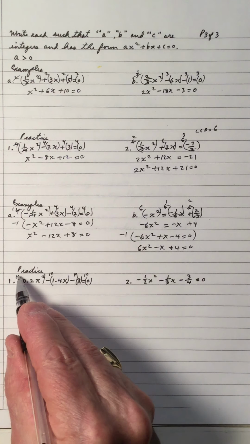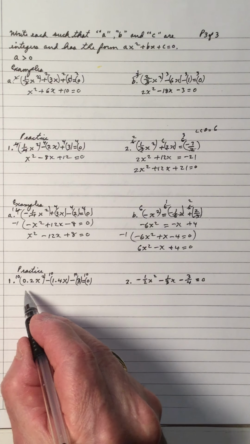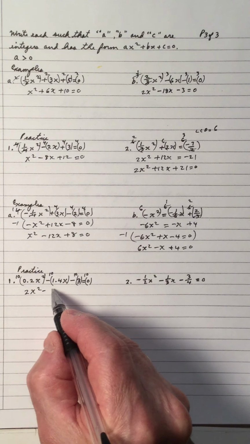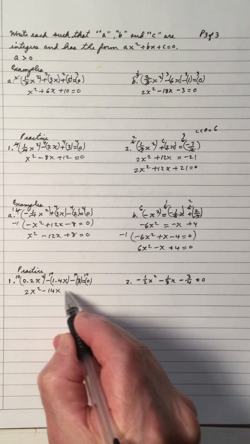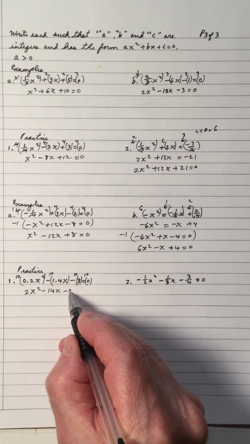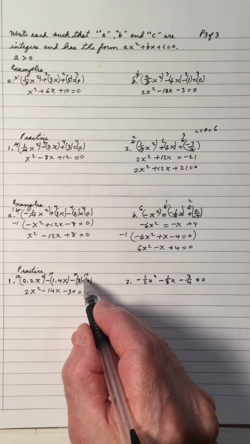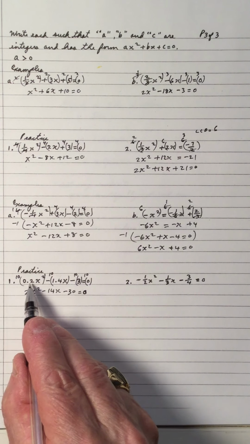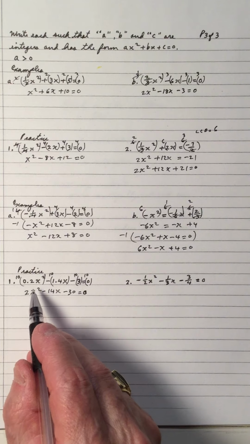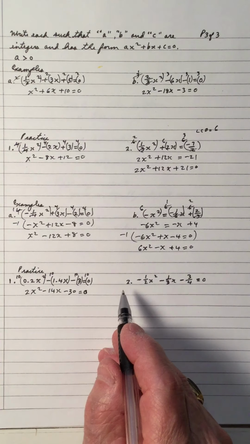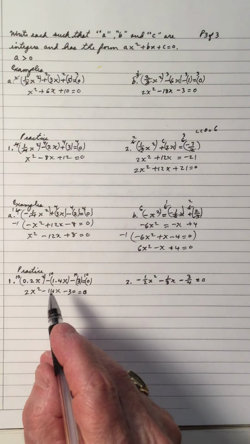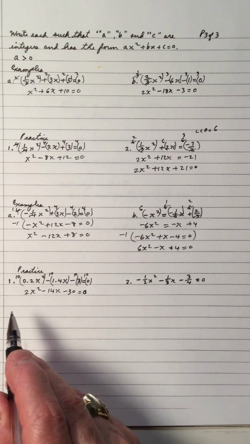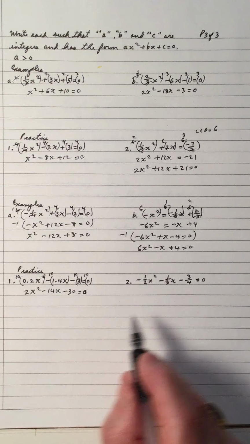Because I have 1 decimal place, 10 times 0.2 is a 2. 10 times 1.4 is 14. 10 times 3 is negative 30, and 10 times 0 is 0. So if you have 2 decimal places, then you multiply everything by 100. So whatever you need to multiply by, 10, 100, or 1,000, so that they're all integers.